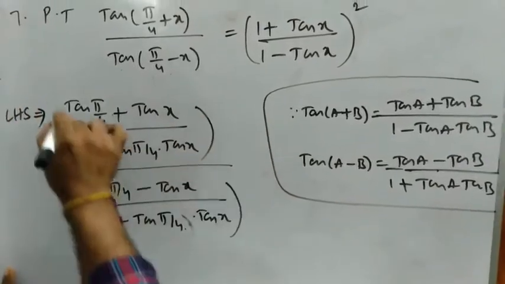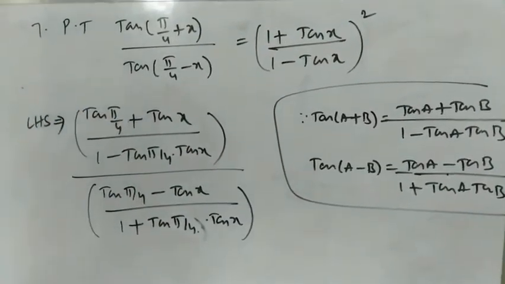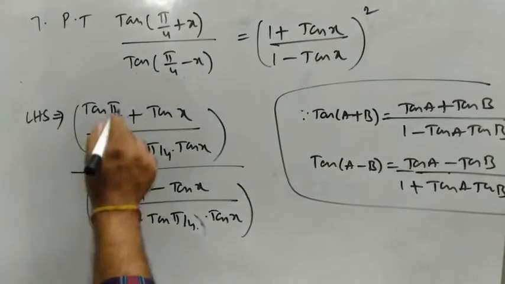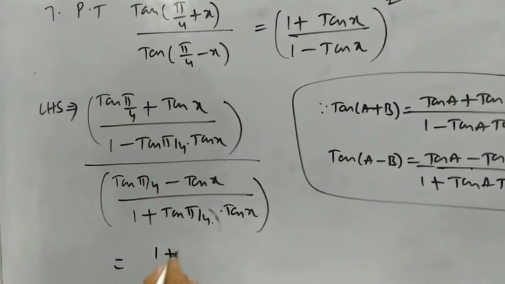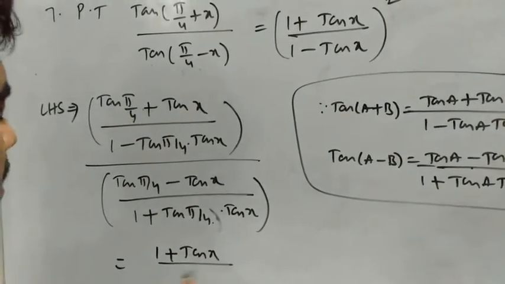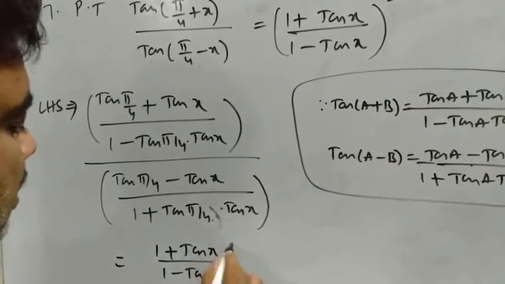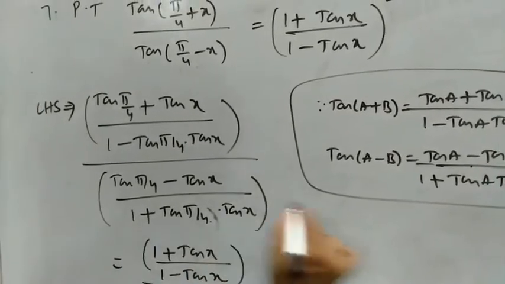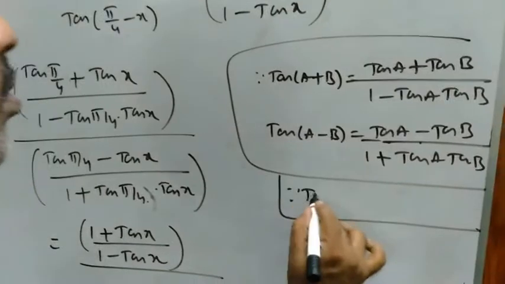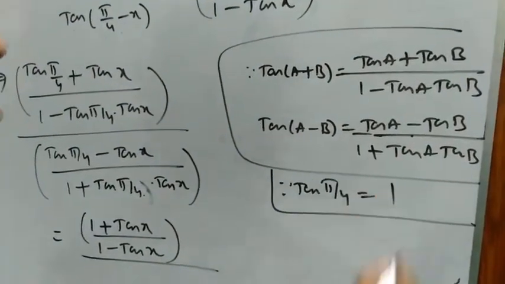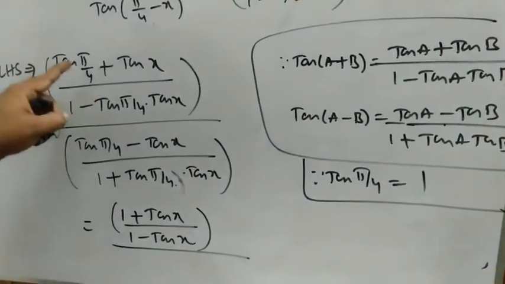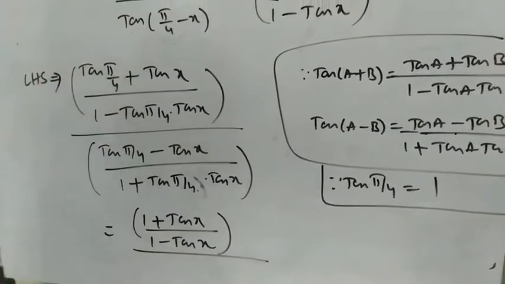Just formula substitution. But what we know is that tan pi by 4 is 1. So 1 plus tan x by 1 minus tan x on the numerator part, because tan pi by 4 is equal to tan 45, that is equal to 1. So on substituting pi by 4, 1 plus tan x by 1 minus tan x.